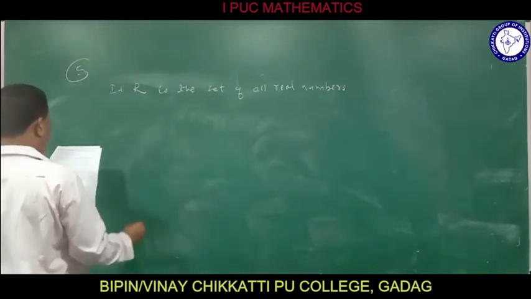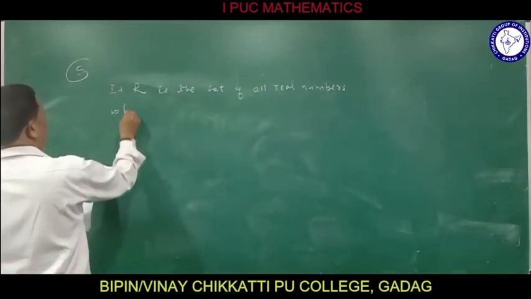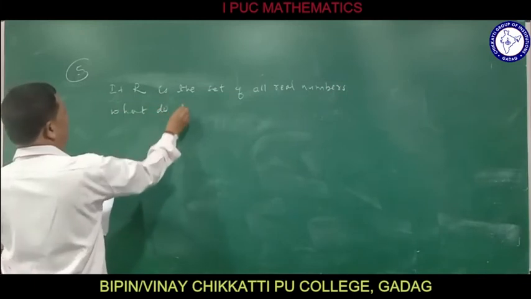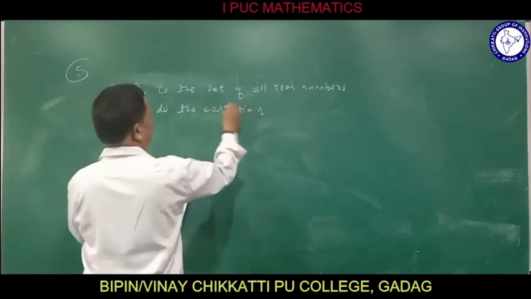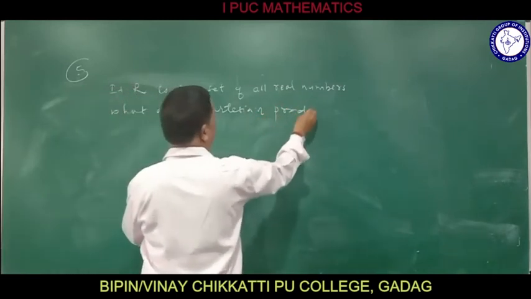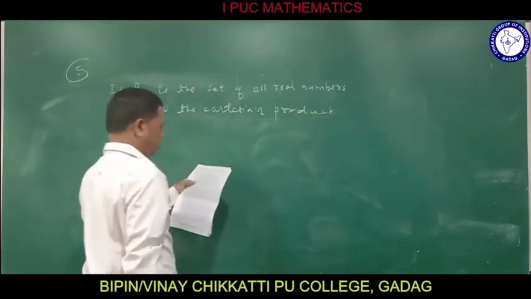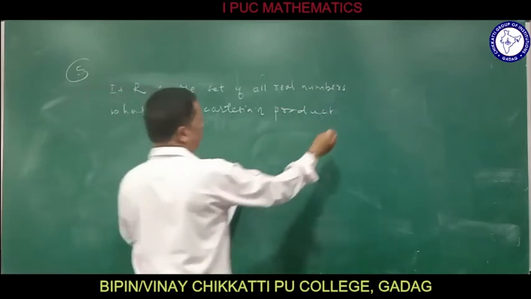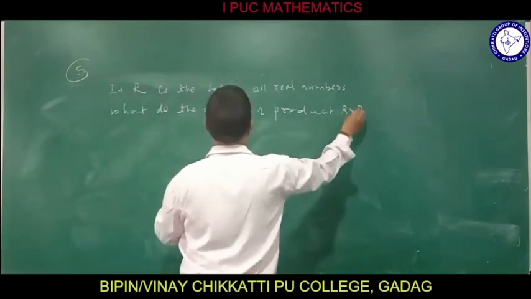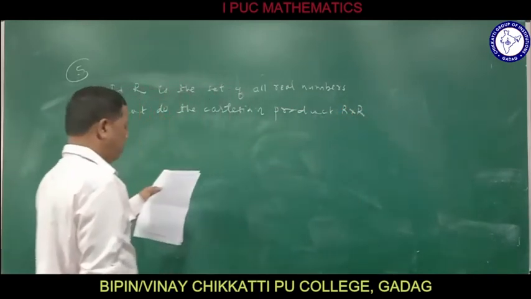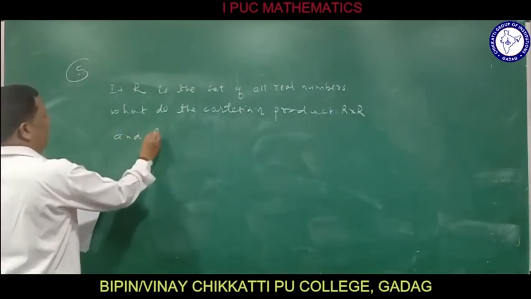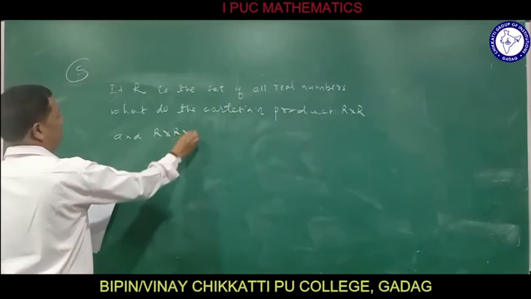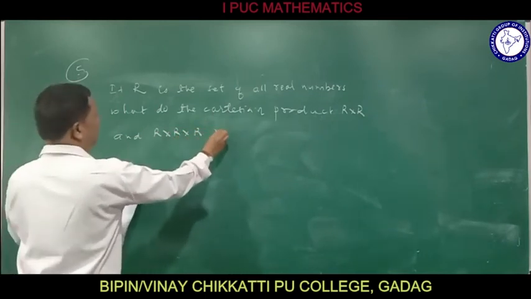What do the Cartesian product R cross R represent?